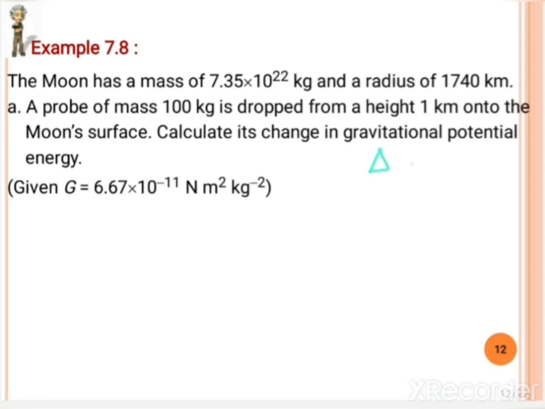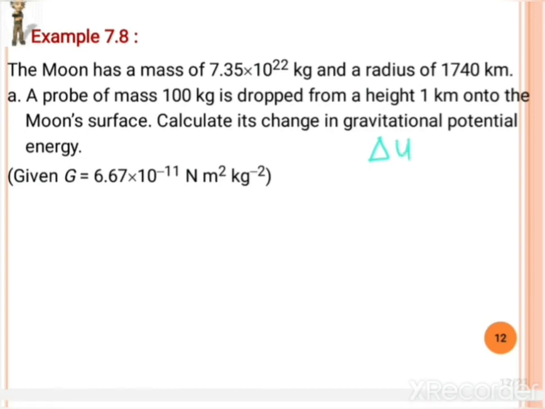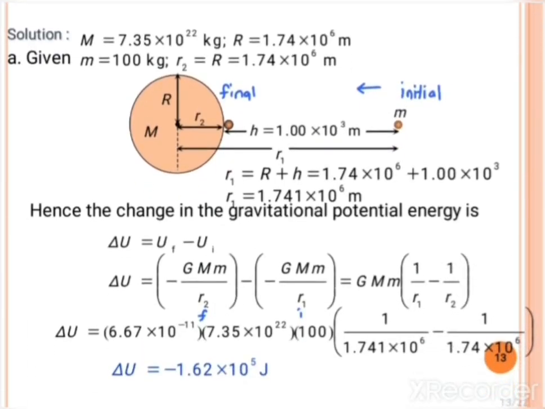So the question asks for delta U. Alright, we go to the solution. These are the given values: mass of moon, radius of moon, mass of probe, and distance R2.